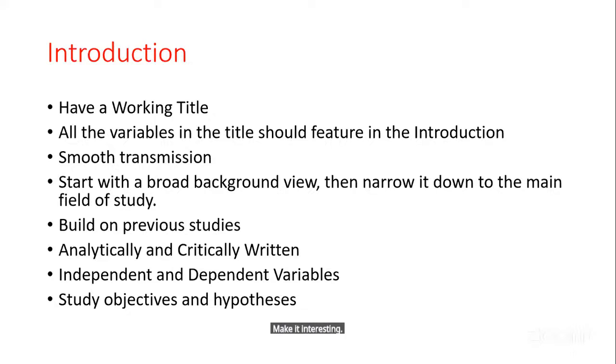The way you build it is that you start with a broad background view, then narrow it down to the local, then to the field. For example, we're focusing on the prevalence of hypertension. You can start by saying hypertension is a global disease, a major concern worldwide.